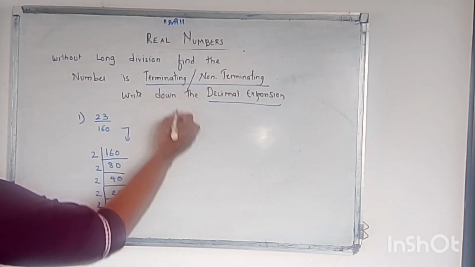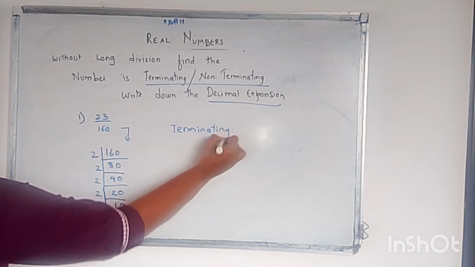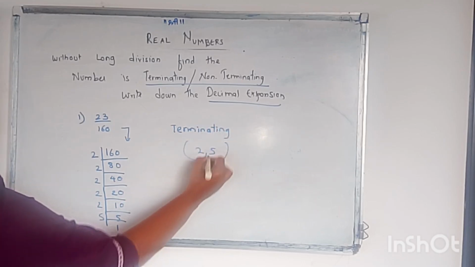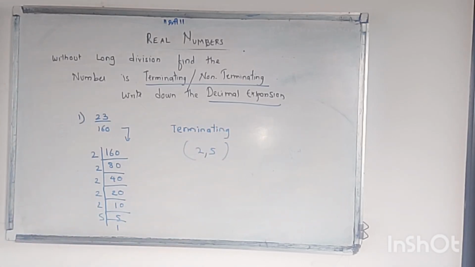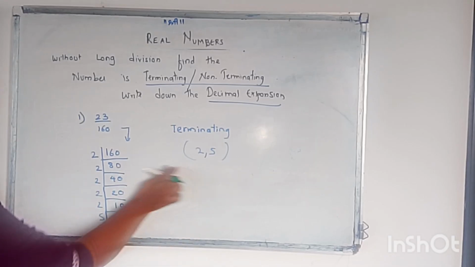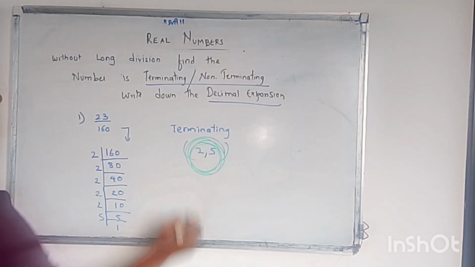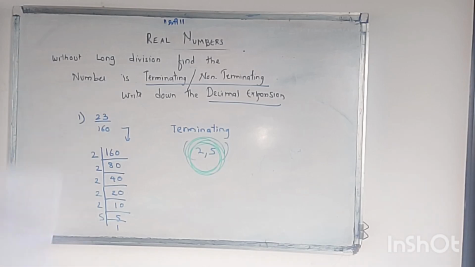Only if it is terminating, the factors should be only and only 2 and 5. No other factors should be present here. Even if one number is 3 or 7 or something else, you cannot say that it is terminating. Only if the factors are 2 and 5, then it is terminating.